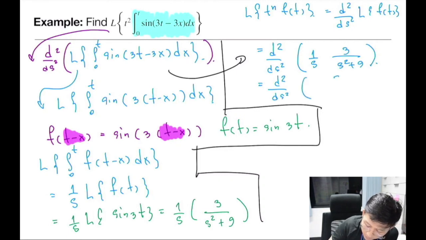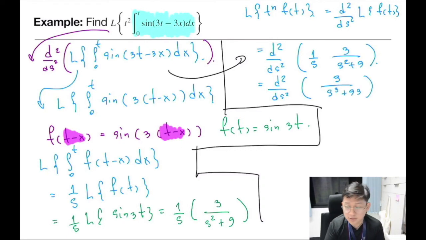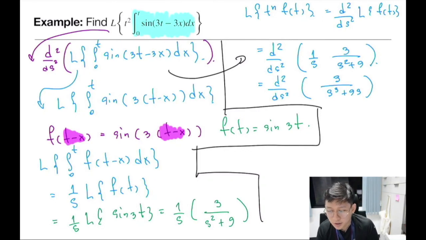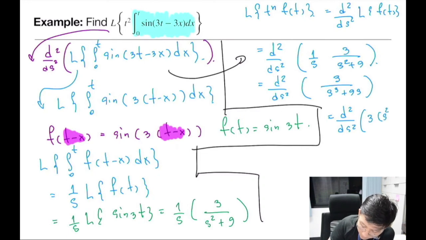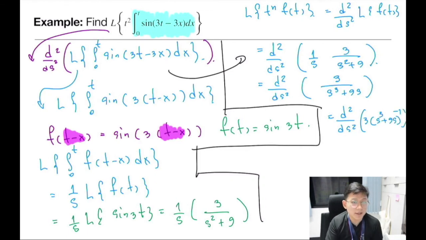It's going to be 3 divided by s cubed plus 9s. To find the derivative of that, it is the second derivative of 3 times (s cubed plus 9s) to the power of minus 1, right?